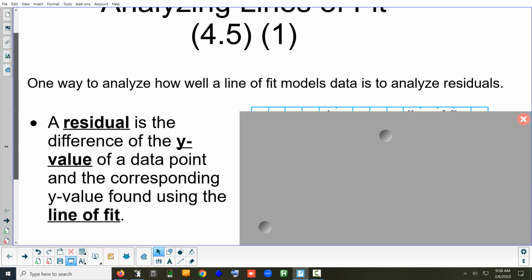What two numbers do you subtract? It's the difference between the y value, so that goes in the next blank, of a data point, and the y value using the line of fit. So the line of fit, that's the line that you draw by hand.